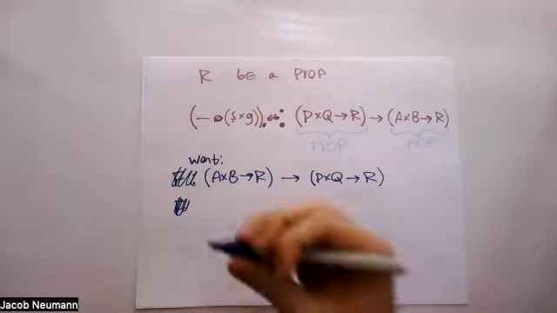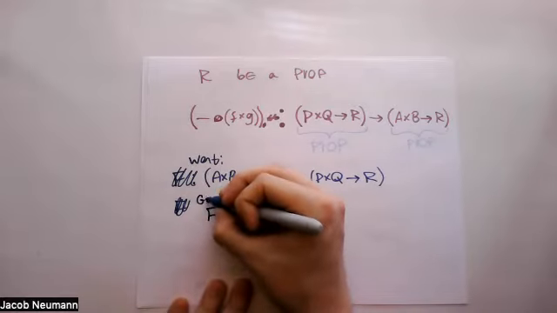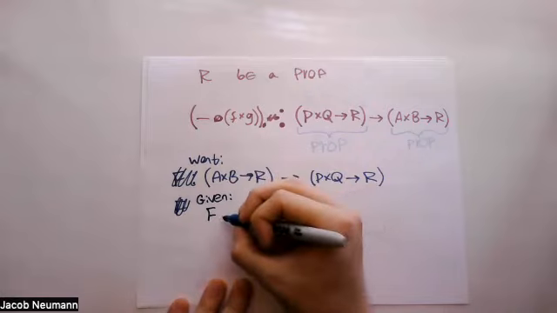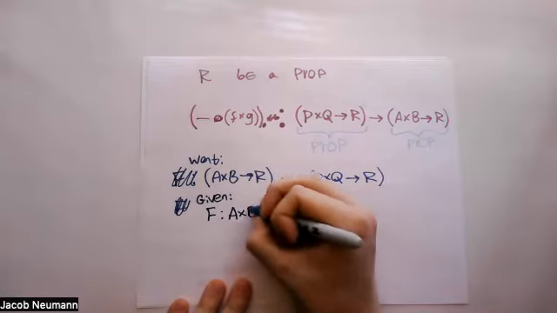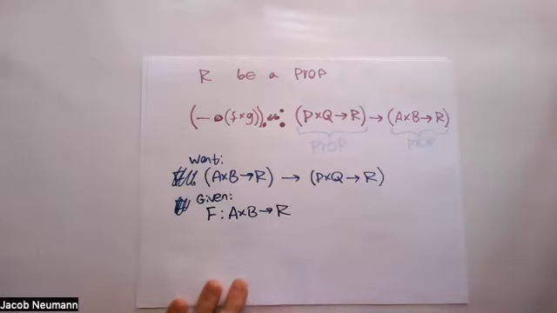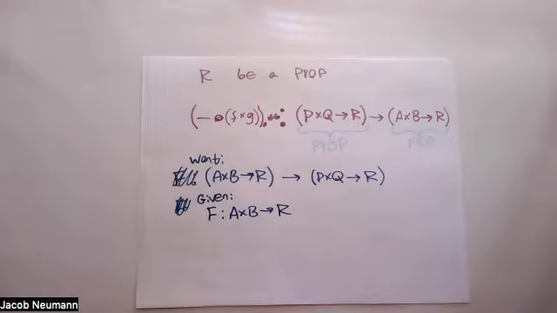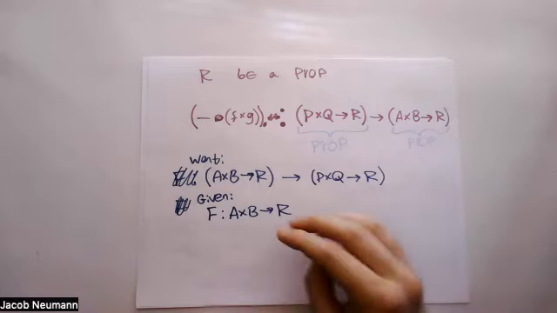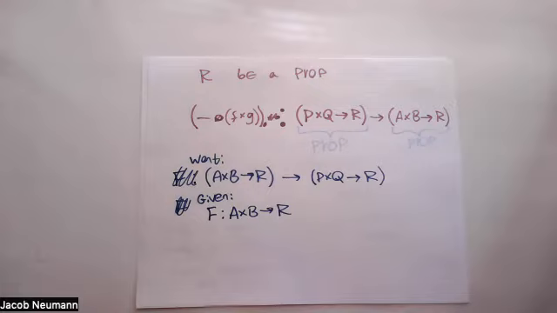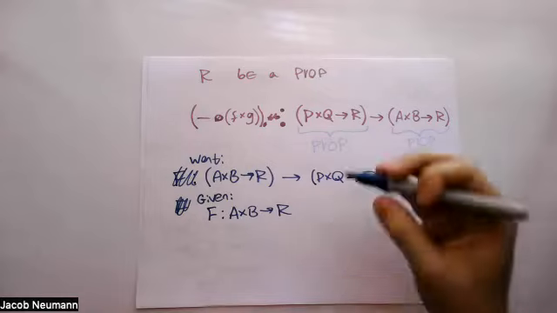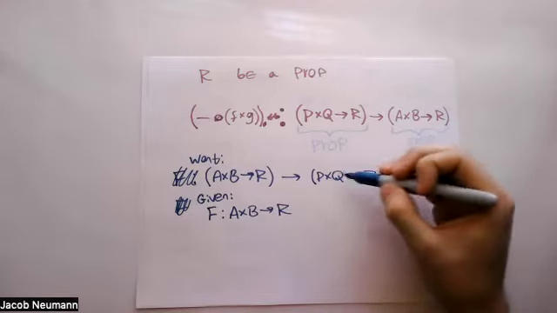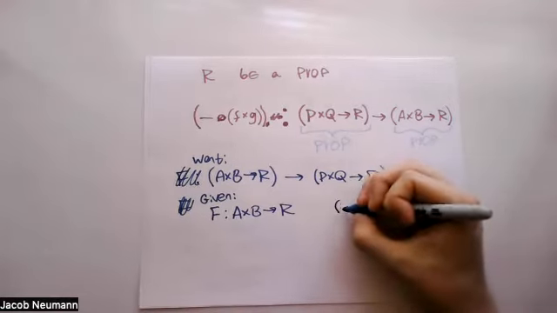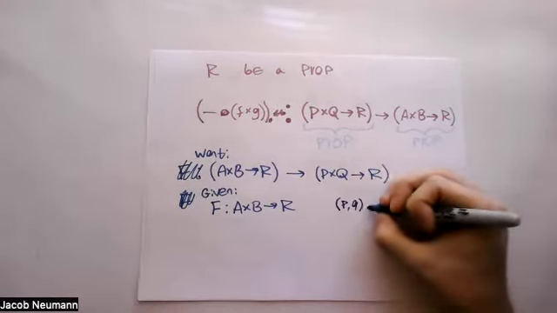Let's assume we're given an F from A times B arrow R, matching the notation of the solutions. And then we're also given something of type P times Q, so we assume we have a little p and a little q.